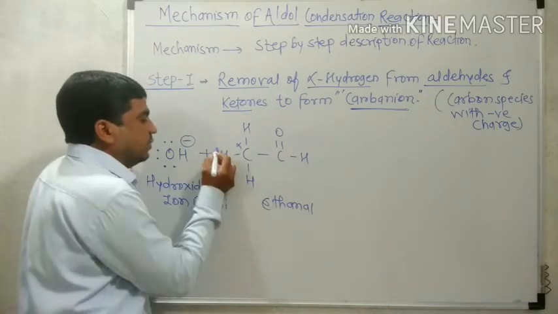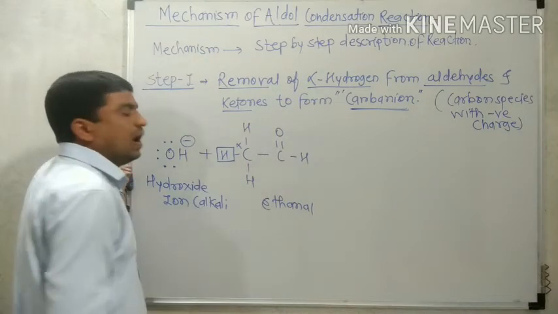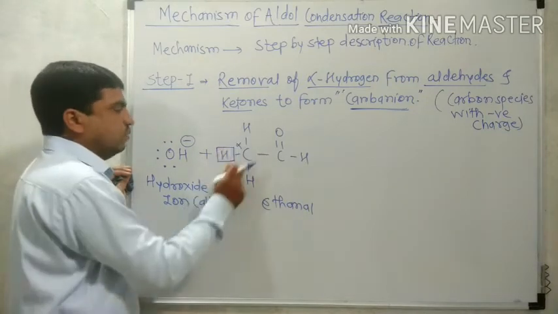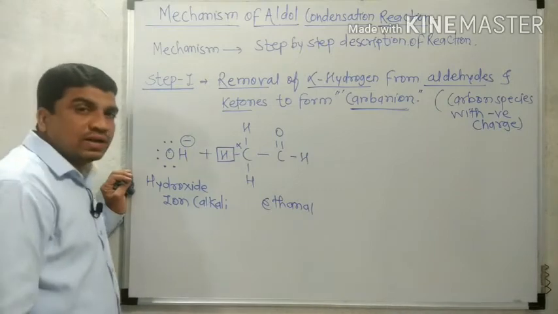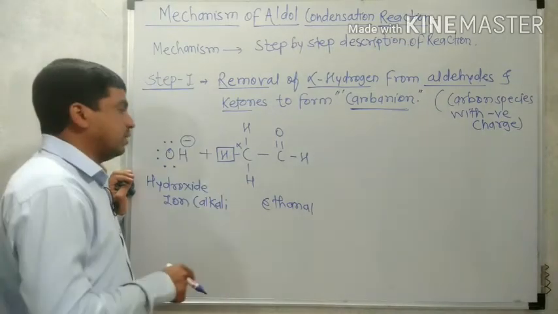Any of these 3 hydrogen atoms is an alpha hydrogen because it is attached to the alpha carbon.